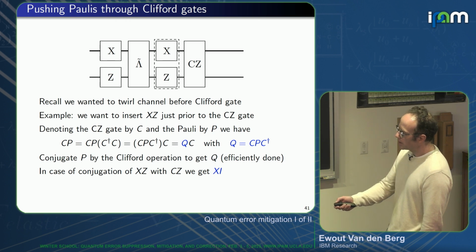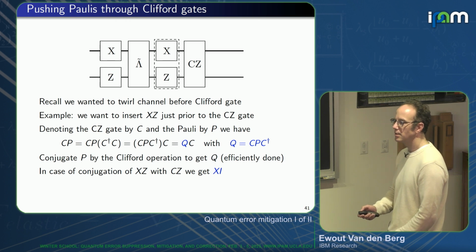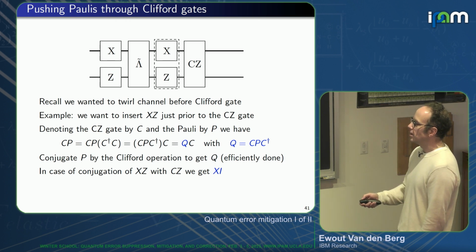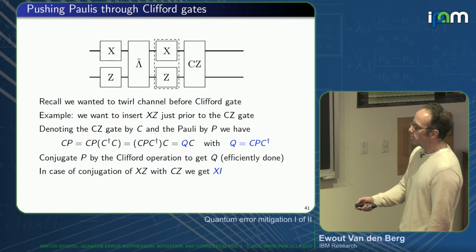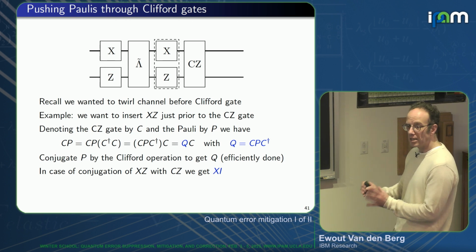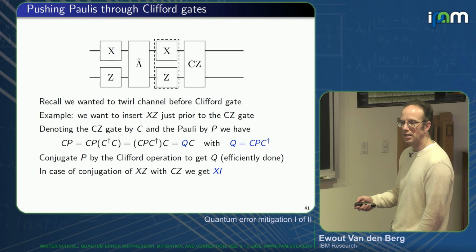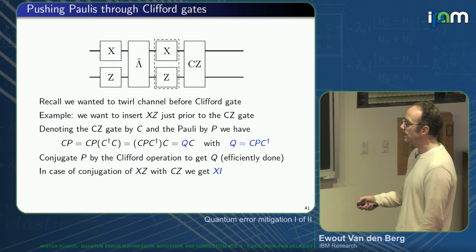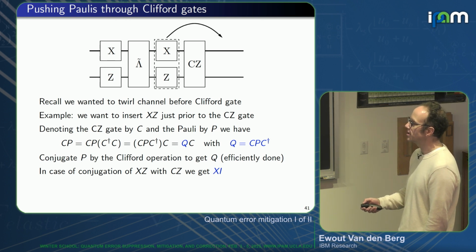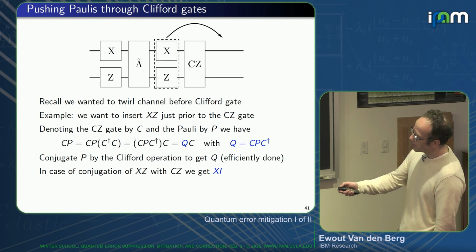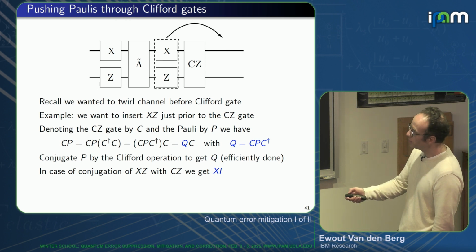And that means that, well, here we have a Pauli P first and then the Clifford operator, but here we have a Clifford operator and then a Pauli, right? So we can easily conjugate any Pauli with a Clifford operator to get Q. This is efficiently done classically. And in case of a CZ, we just get the XI. So this allows us to just take this Pauli here and move it to the other side.